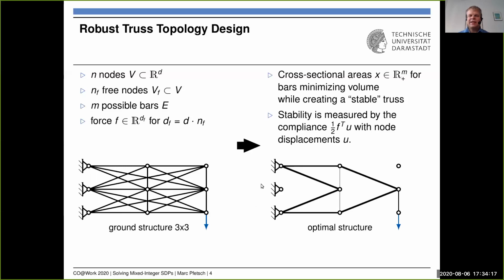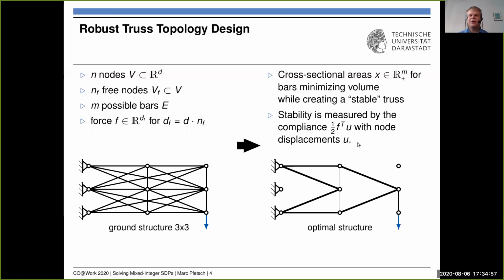More precisely, we are going to select cross-sectional areas of the bars, of these black arcs. We should do it in such a way that the volume is minimized while still creating a stable truss, so it does not break down under load. The stability of this structure, what stable means, is measured by the so-called compliance. It's 1/2 the inner product of this vector F, the force, times displacements u that happen under the load.